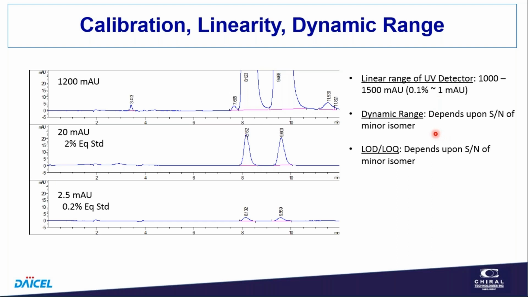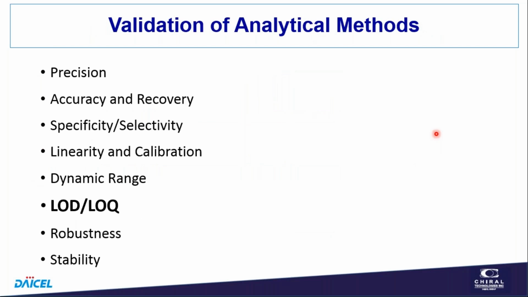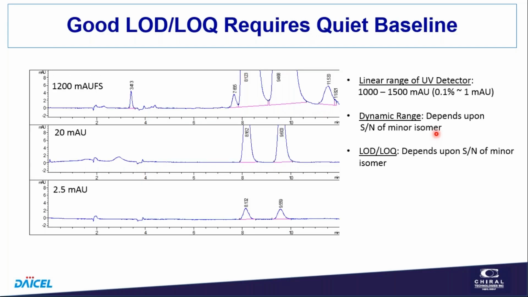And so an LOD and LOQ obviously depend on the signal to noise. There are a couple of issues around signal to noise, and it does require a quiet baseline, for example, or you can increase the signal to noise by having a quiet baseline.